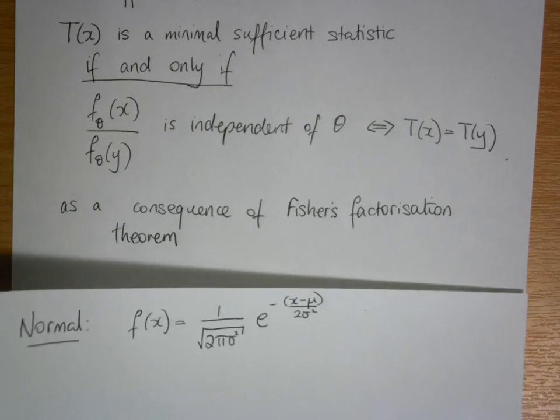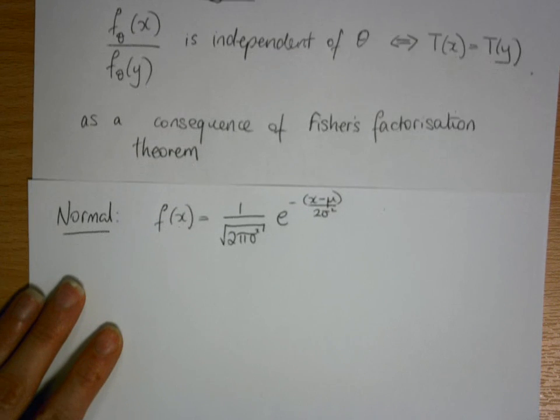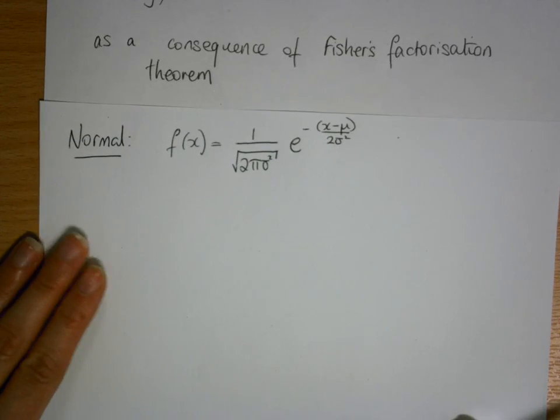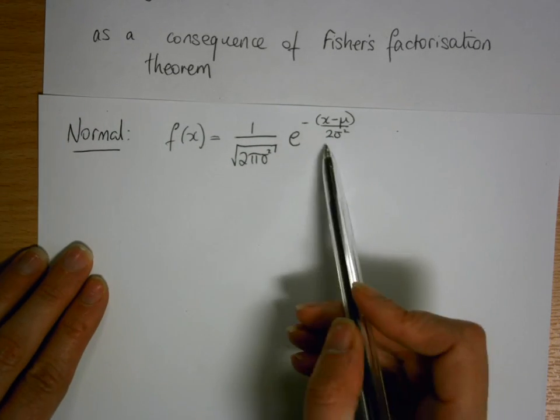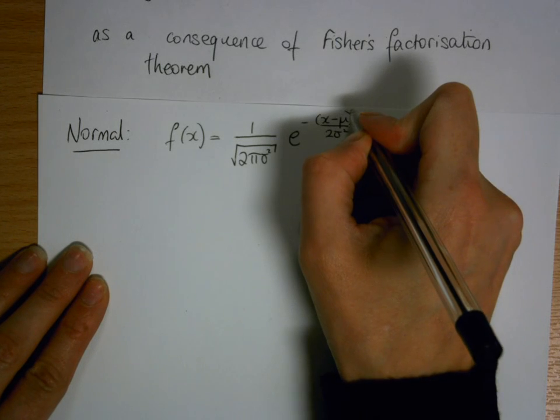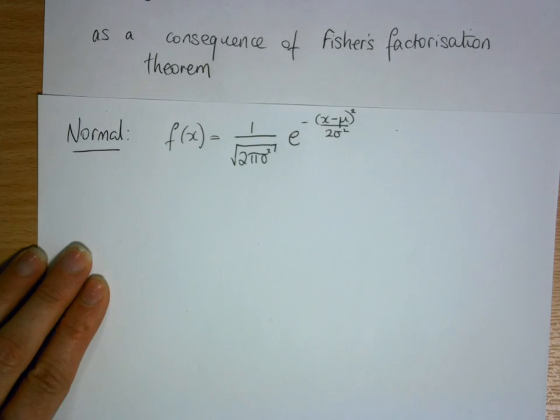So we'll begin with our first example looking at the normal distribution. In the normal distribution, a single observation would have this distribution here.